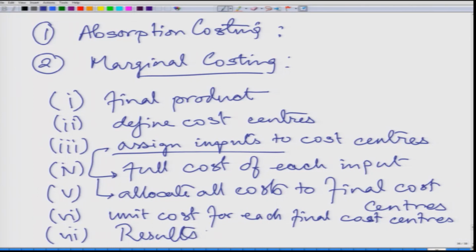And then the final one is, you get the results of your entire cost estimation.